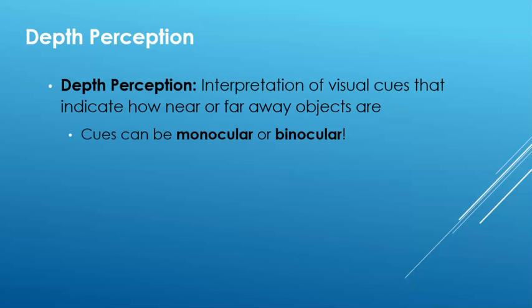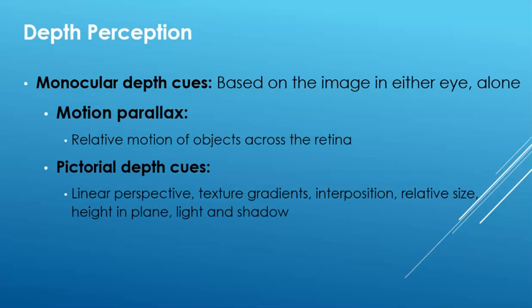Now, the last thing we're going to talk about with vision perception is depth perception. So this is the interpretation of visual cues that indicate how near or far away an object is. And our cues can either be monocular or binocular. In other words, from one eye or from both eyes. So monocular depth cues are based on the image in either eye alone.